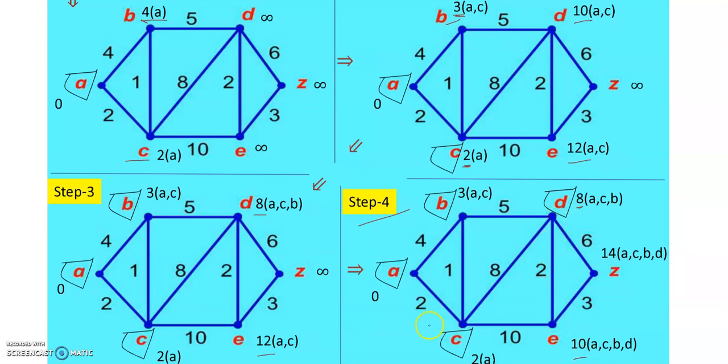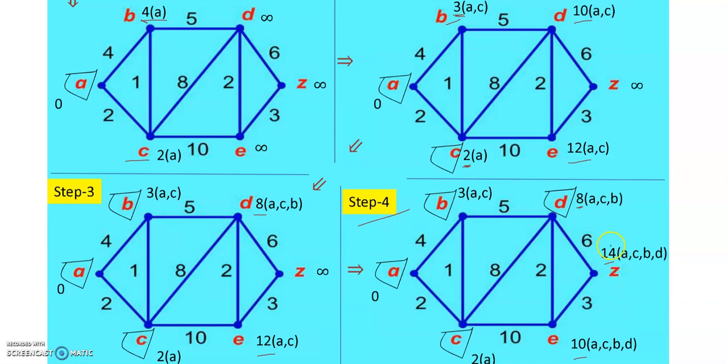Total is 10, because 2 plus 1 is 3, 3 plus 5 is 8, 8 plus 2 is 10. So for E, 10. Now for Z, 14 here. How are we getting 14 here? A, C, B, D, then here. So now 8 plus 6, 14.